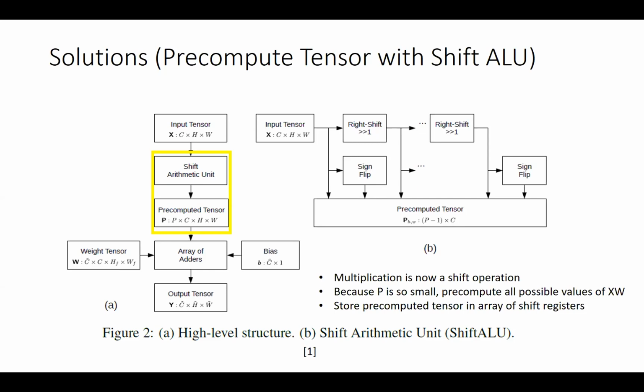Bias is basically just the term that, there are a series of multiplications that we are performing, but at the end of it, you also want to add a linear term to it. So that is why we have a bias term that we're adding. And finally, what we really want to achieve is to get that output tensor, which in our case was a 2x2 matrix. There were two 2x2 matrices.